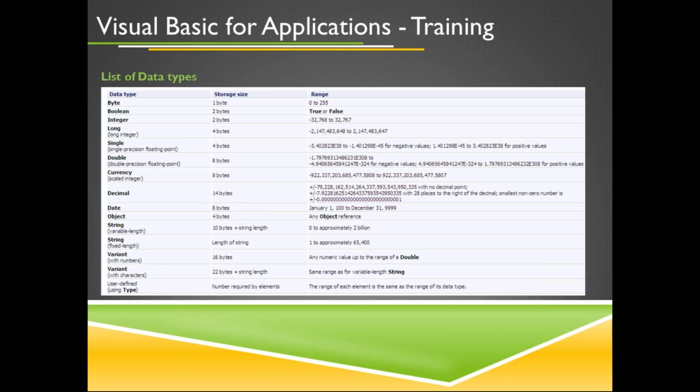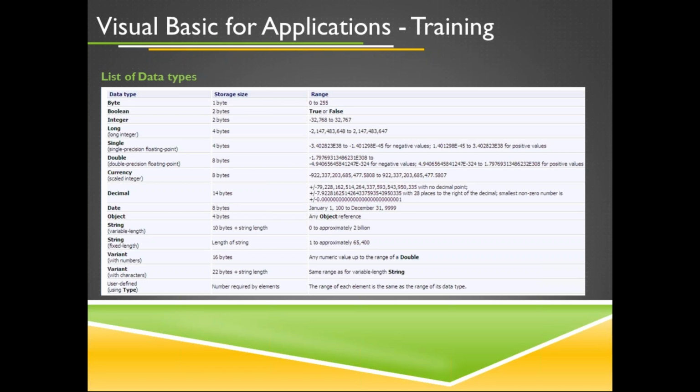In that case, you can make use of a Variant: Dim I as Variant. If you don't know what data comes, it will take it automatically, whether you enter some string data, or some numeric data like 500, 10,000. It will accept it. There is no limit to this data type.